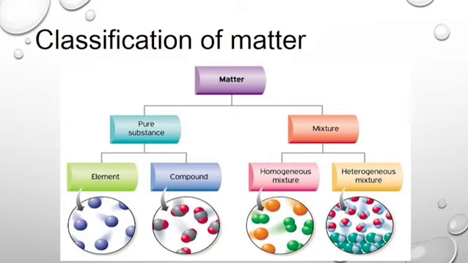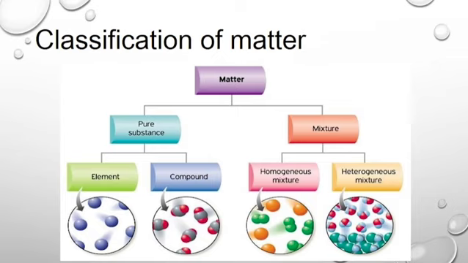For example, you can take sodium chloride. In other words, we say it as salt. That means it is made by the chemical combination of one sodium and one chlorine atom, and this ratio is 1:1, and this ratio is fixed only for sodium chloride.